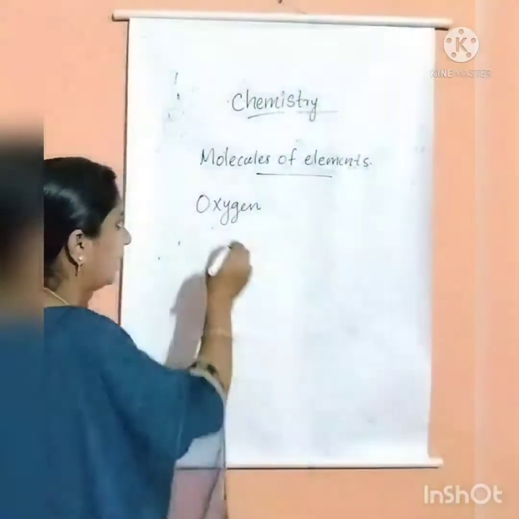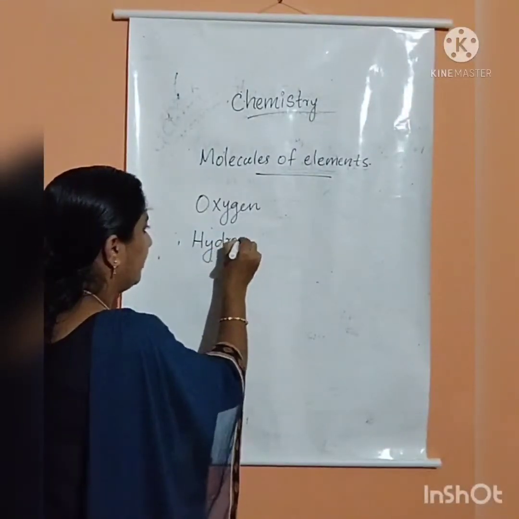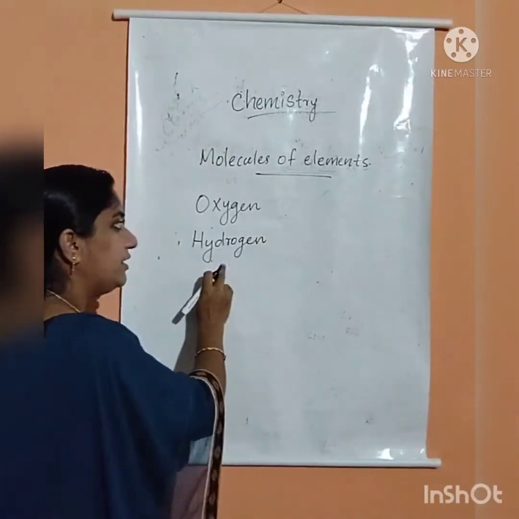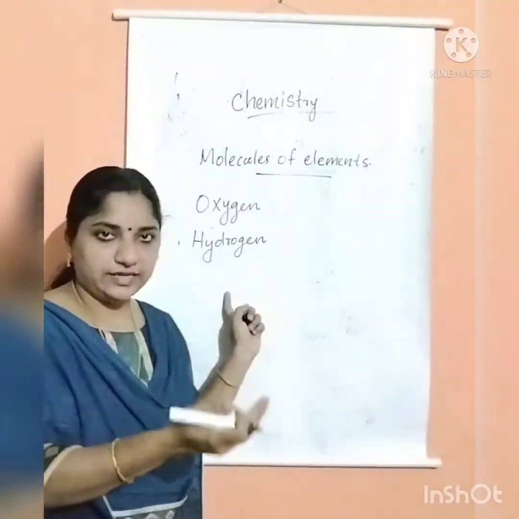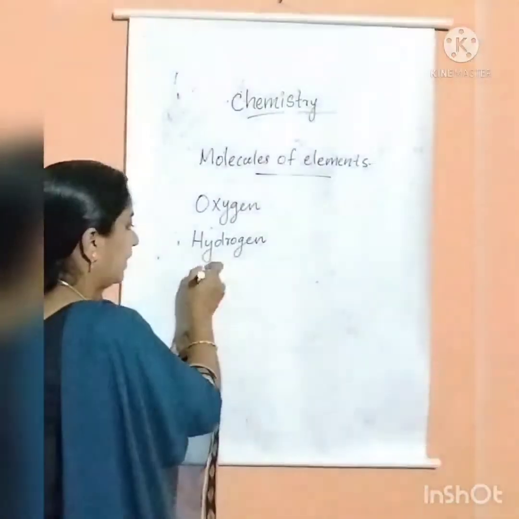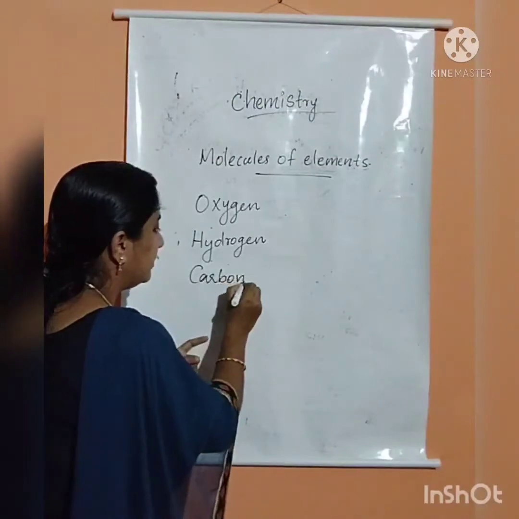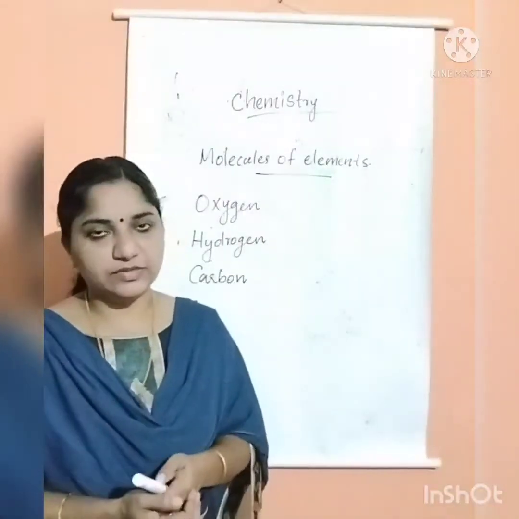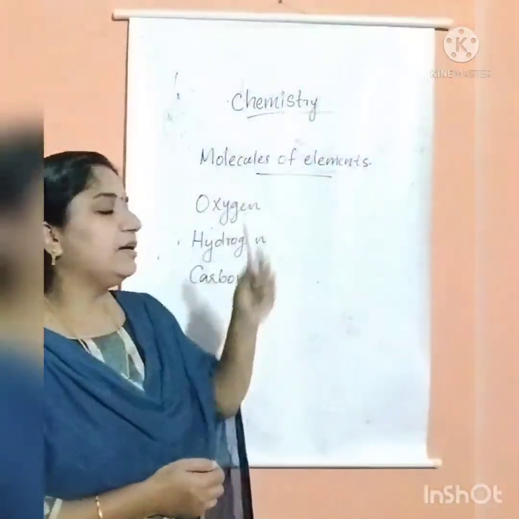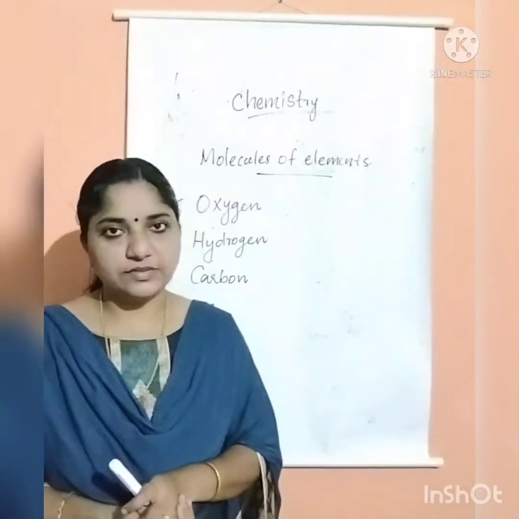Like that, another element, hydrogen. The hydrogen molecule also contains hydrogen atoms. Carbon, another non-metal. Its molecule contains only carbon atoms. So, molecules of elements are constituted by the same type of atoms.